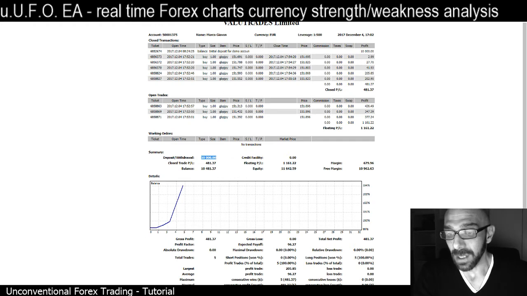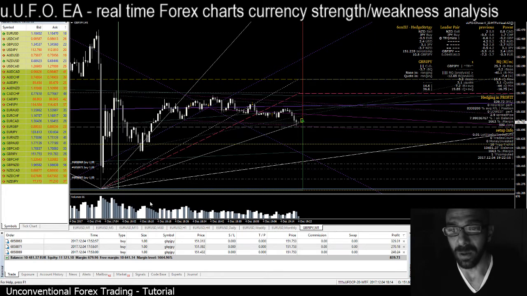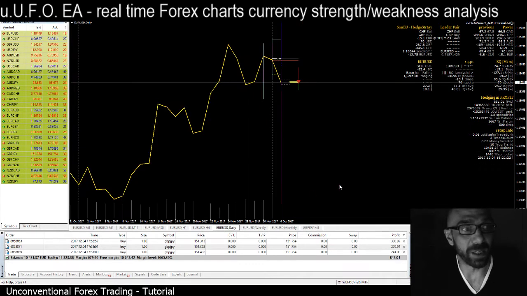But if we analyze what is going on at this moment in the currency pair GBP Japanese yen, especially on the daily, we may notice that GBP, which was quite strong, is now getting somewhat weak, and Japanese yen is getting strong.